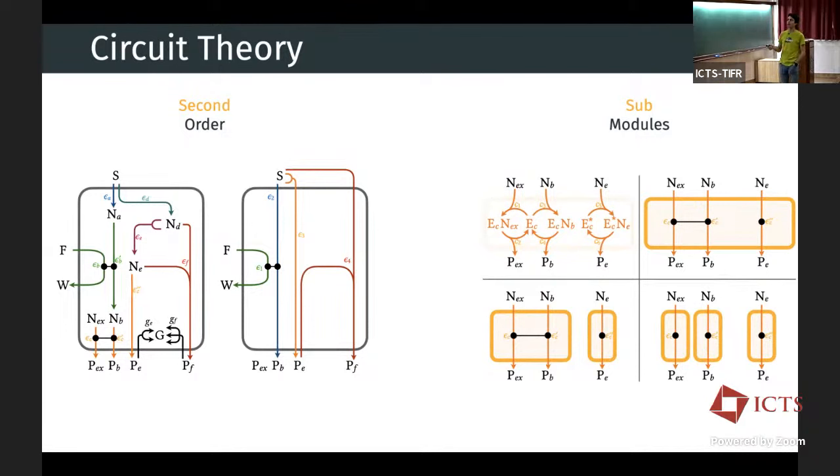So a module interconverting only Ne into Pe, because the enzyme here, let's think of it as an enzyme doing that, is unique for this reaction. While the enzyme interconverting NX into PX and NB into PB is the same in both cases. So you cannot split this module into two submodules.